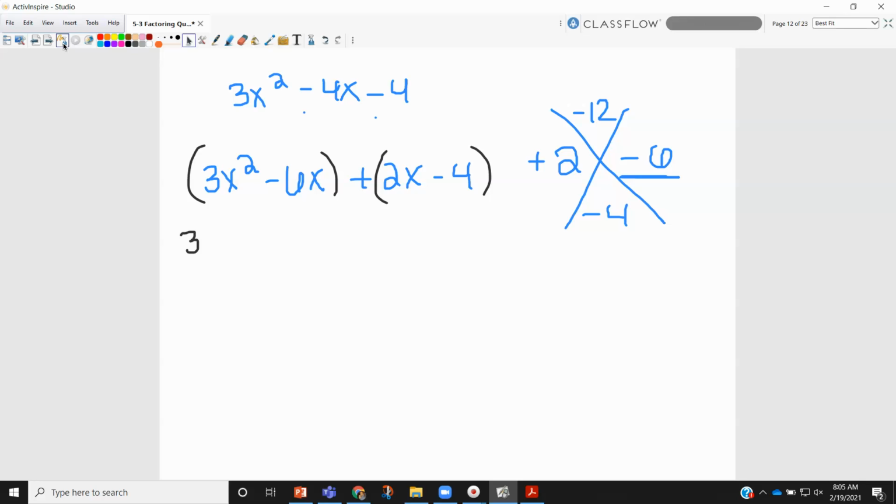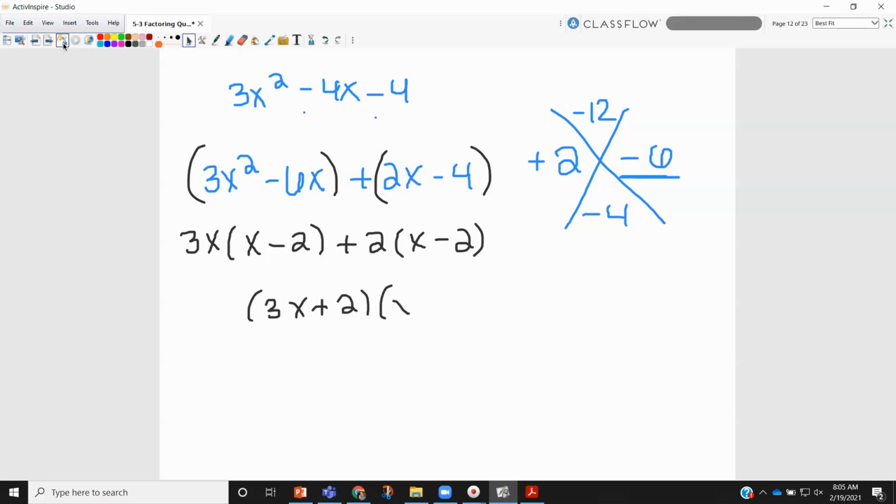So I take out a 3x, and that leaves behind x minus 2. And then I'm going to take out a 2, also leaving behind x minus 2. So I have 3x plus 2, x minus 2 as my factors.